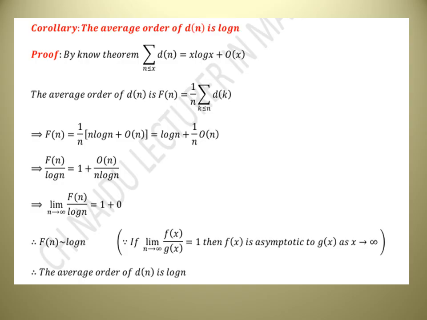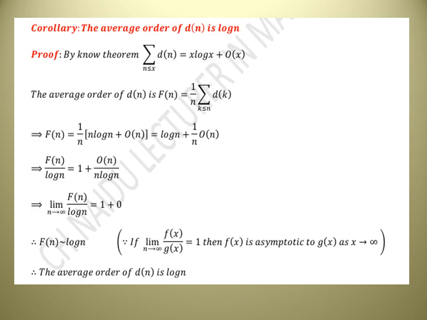Taking the limit of the ratio when n tends to infinity, the limit of f of n by log n is equal to 1 plus 0. Hence we understand that f of n is almost equal to log n.